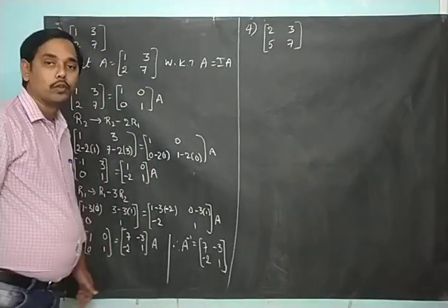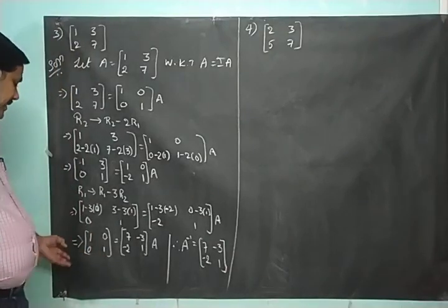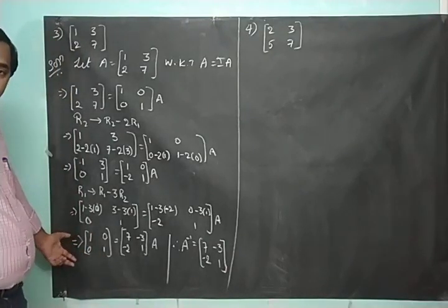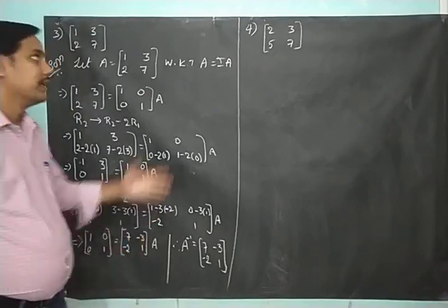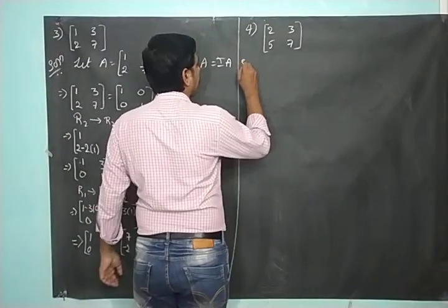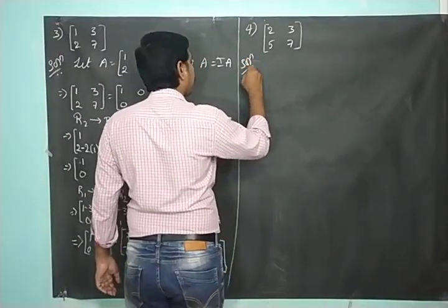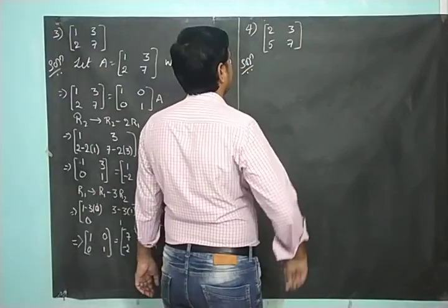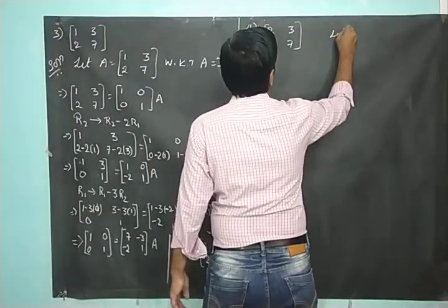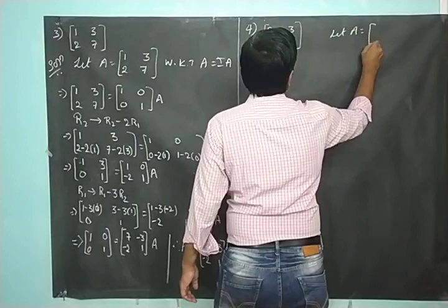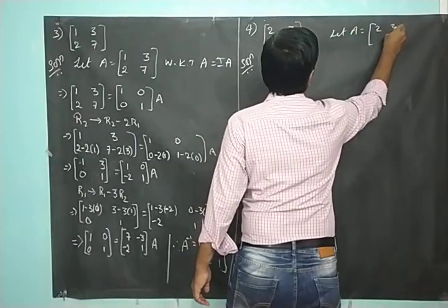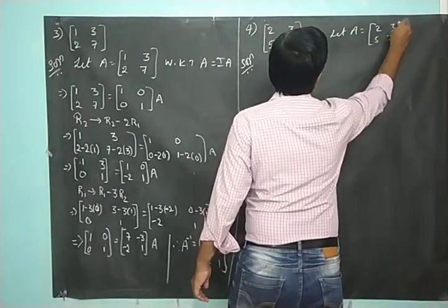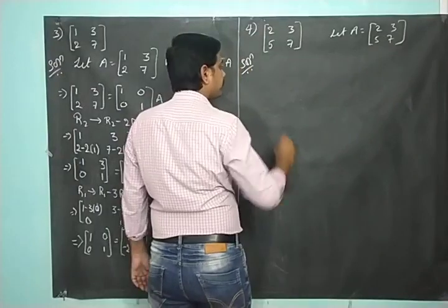Alright. So we should proceed as I said up to we get the value of identity matrix on the left hand side. Let's try this one. Here also let A is equal to [2, 3; 5, 7].